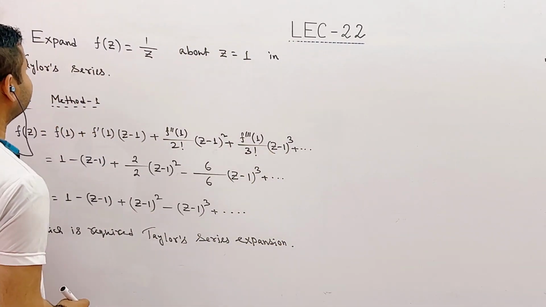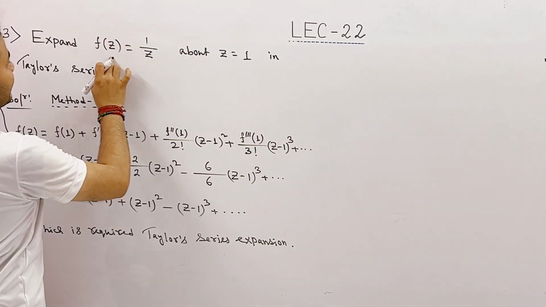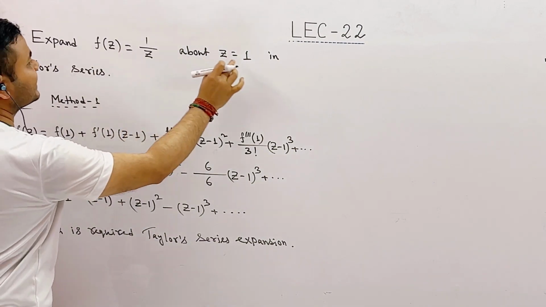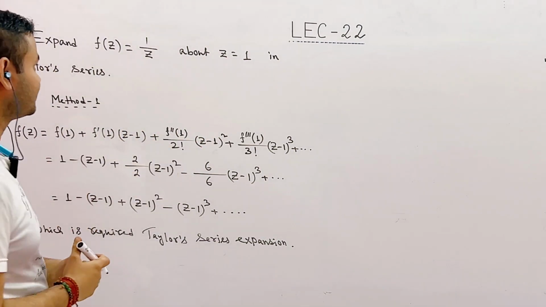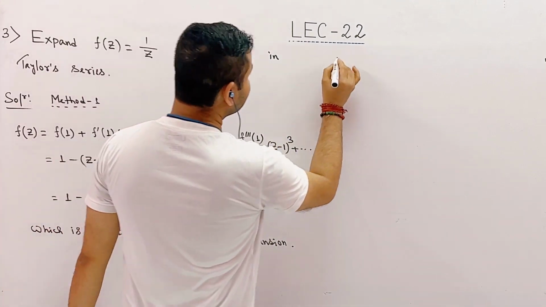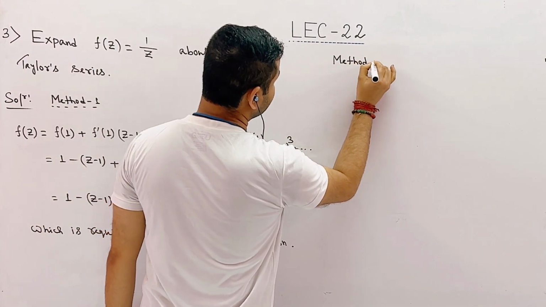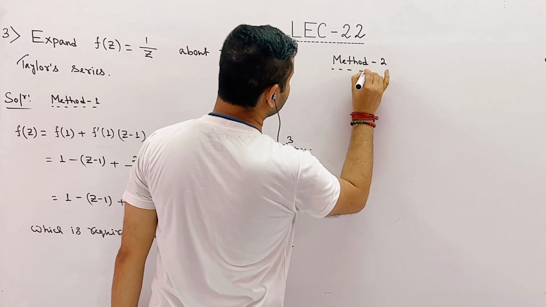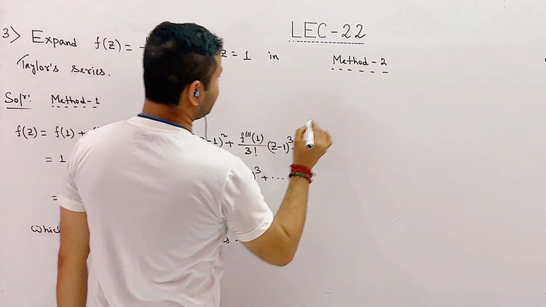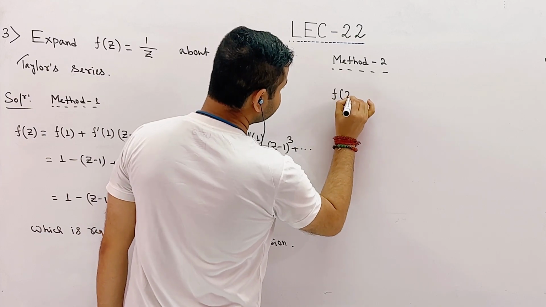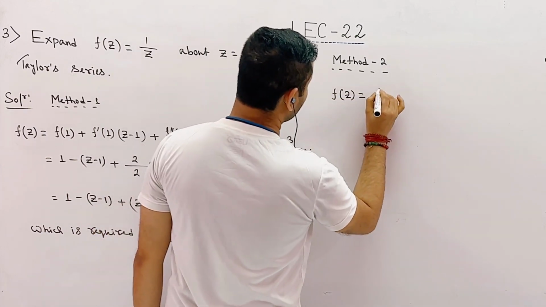Next, let me expand this function f of z equal to 1 by z about z equal to 1 by using the second method. Method 2. Given f of z is equal to 1 by z.